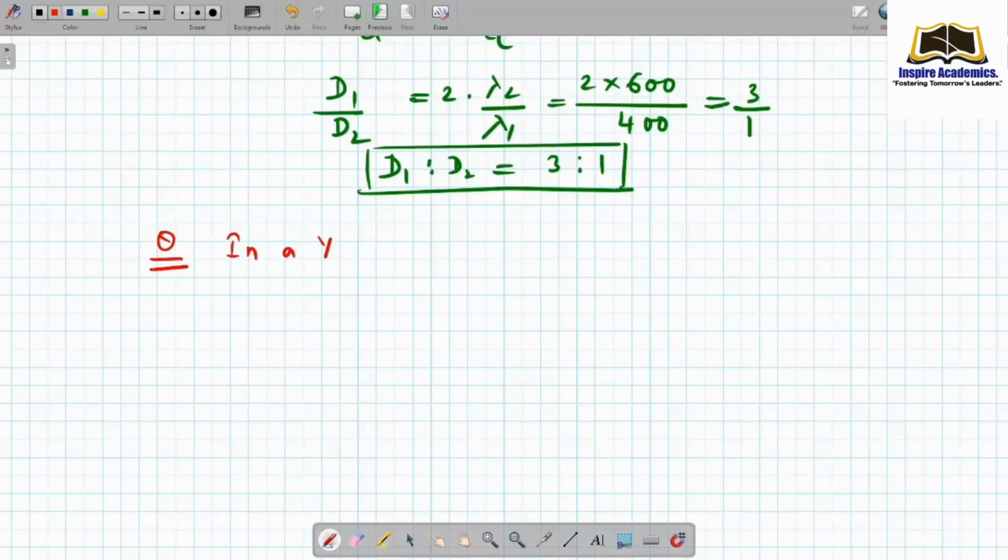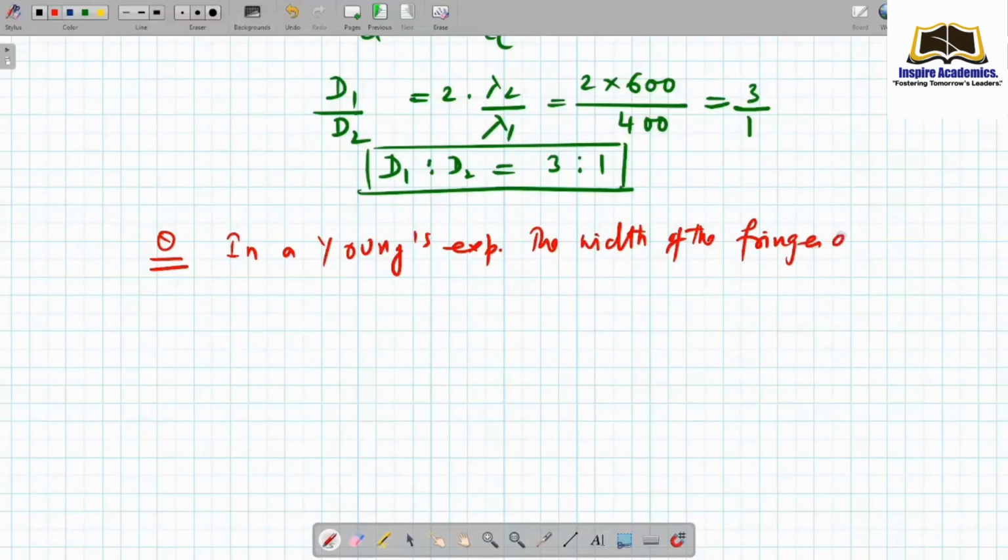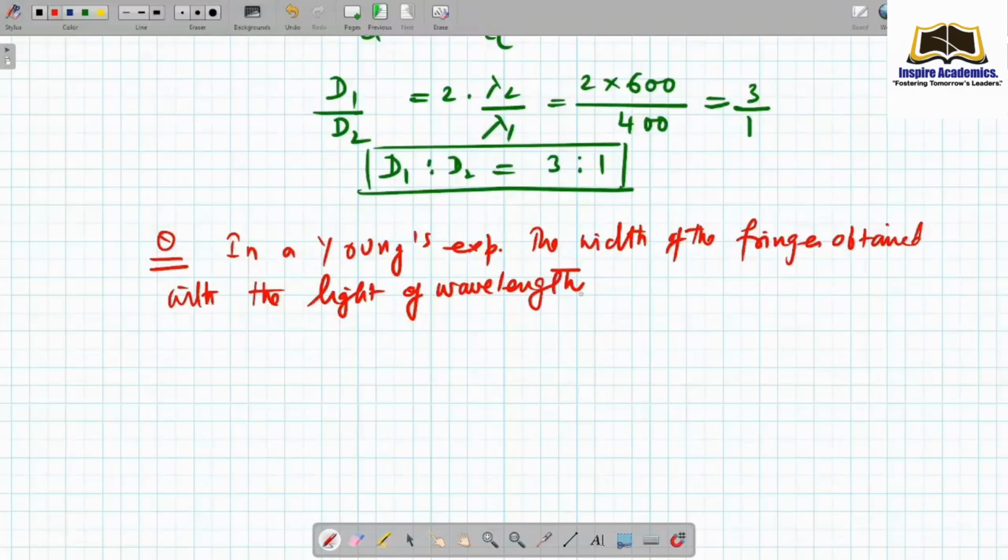In a Young's experiment, the width of the fringes obtained with the light of wavelength 6000 angstrom is 2.0 millimeter. Okay, calculate the fringe width.